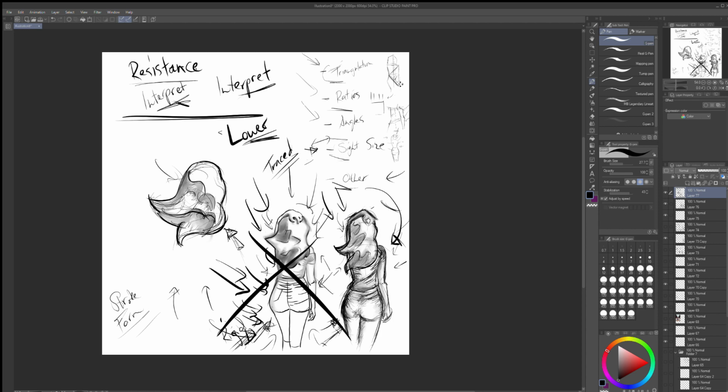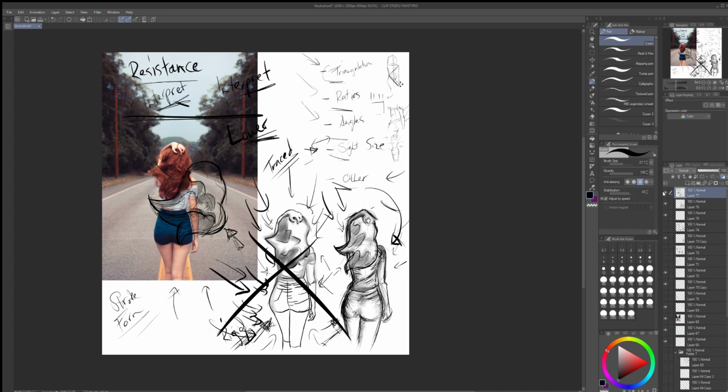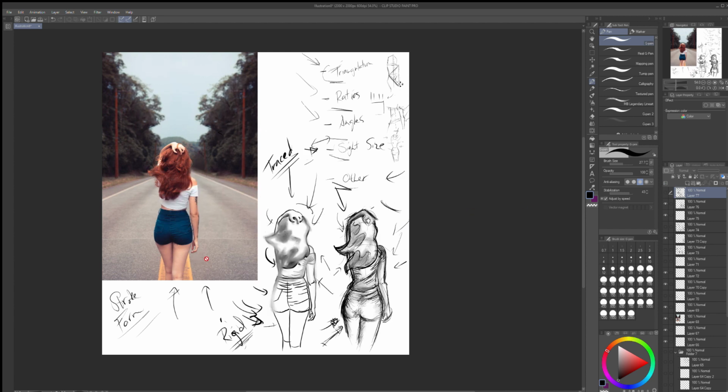But the closer you push towards what a reference was, the more it's going to limit what you can do. And so the better you understand it, the more you can interpret things, and the more freedom people have to interpret things. And that's ultimately what you want. So give people the freedom to interpret something much more than they would from the reference photo. That's the goal as an artist.